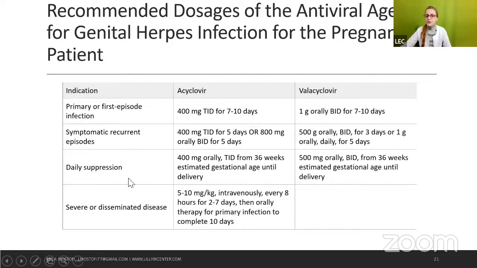There is also daily suppression treatment. Acyclovir 400 milligrams orally TID from 36 weeks of gestational age until delivery. From 36 weeks, you start and continue until delivery time. And valacyclovir is 500 milligrams orally BID, also from 36 weeks of pregnancy until delivery time.